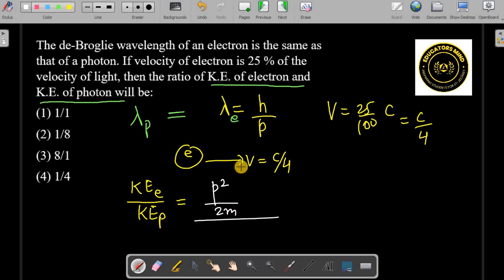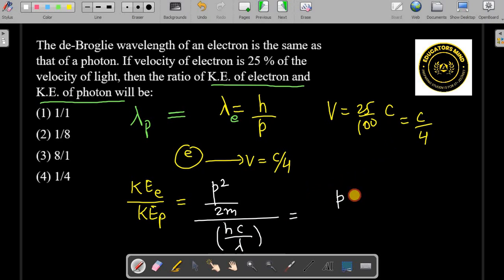Now, what about the kinetic energy of this photon? I think the kinetic energy of the photon can be written in terms of the energy of the photon, which is frequency times h, right? That is the energy of a photon. Photon energy is what? Photon energy is hc by lambda. We can write it like this. Okay, so here let us try to write this.